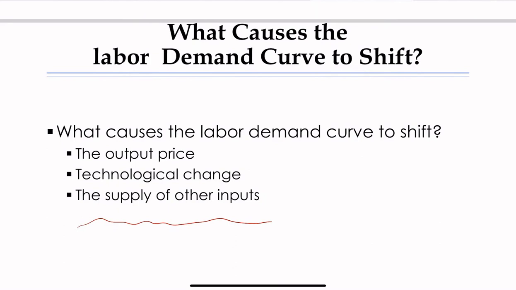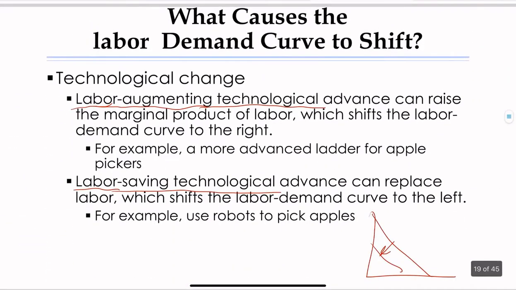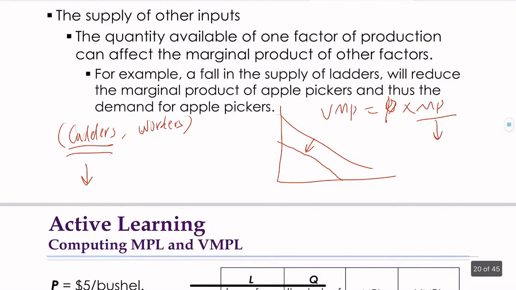We learned that the supply of other inputs will cause the labor demand curve to shift, right? And we talked about this very intuitive example. That is, in the case of apple farms, if you have fewer ladders, then the marginal product of apple pickers will reduce, right? So this basically means that if there is a change in the supply of ladders, then the value of marginal product for apple pickers will change.